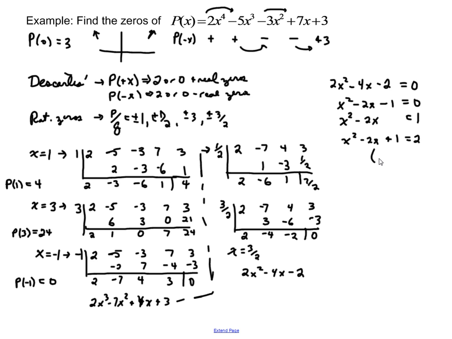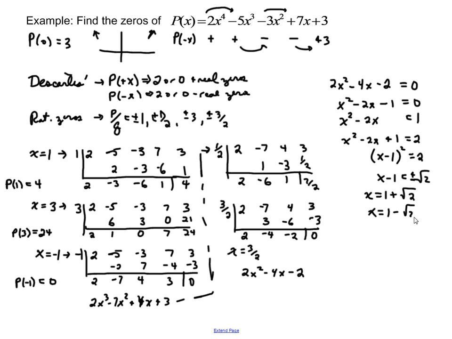On the left-hand side, this factors as x minus 1 quantity squared equals 2. Therefore, x minus 1 is equal to plus or minus the square root of 2, which is to say that our two zeros are going to be x equals 1 plus the square root of 2, and x equals 1 minus the square root of 2.